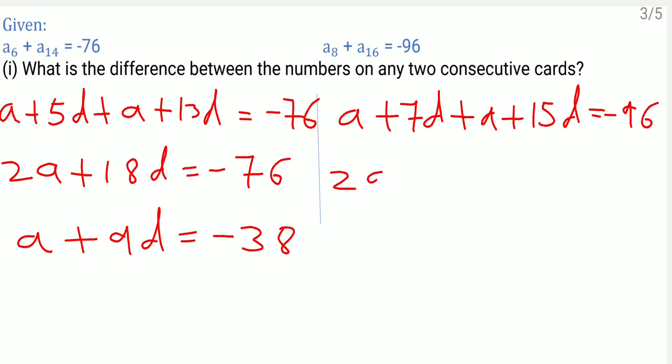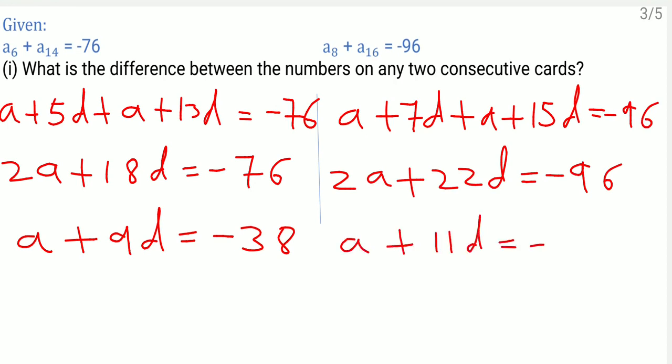So 2A plus, now 7 and 15, 22D, which is equal to minus 96. Once again, I will divide this equation by 2. So it comes as A plus 11D, which is equal to minus. Now, if I divide this minus 96 by 2, it comes as minus 48. Now this is equation 2.